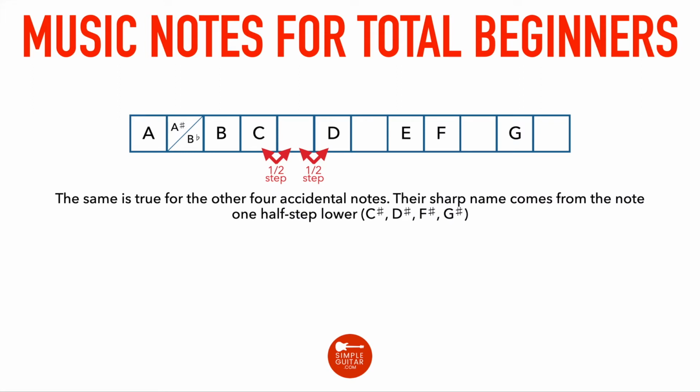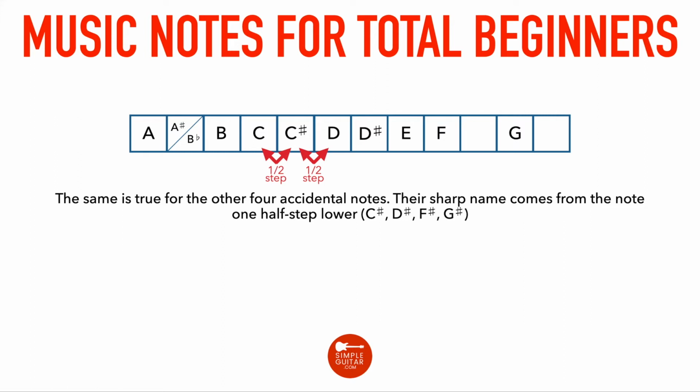So if I'm on C and I go up a 1/2 step, I have to go 2 1/2 steps to go from C up to D. But if I only go 1/2 step, then we're going to call that note C sharp. Okay, pretty straightforward. And then same thing between D and E are 2 1/2 steps. So if I go from D and I go up 1/2 step, we're going to have D sharp. Now E and F are a 1/2 step away.